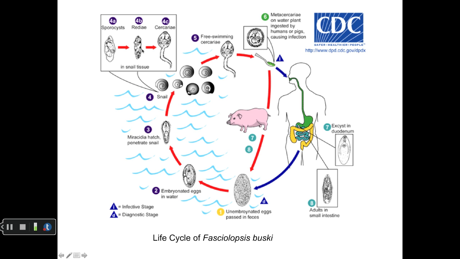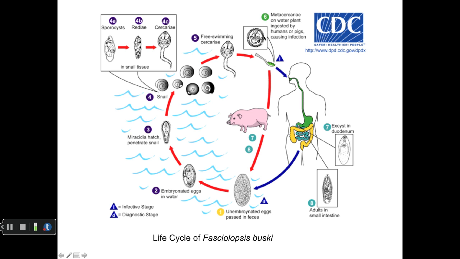The snail host then provides the environment for the sporocyst to redia transformation, and then inside the redia you have cercariae developing. Cercariae are released into the water column, and once again, very similar to Fasciola hepatica, the metacercariae form on aquatic vegetation. So you don't have a second intermediate host, and instead the metacercariae form on aquatic vegetation.